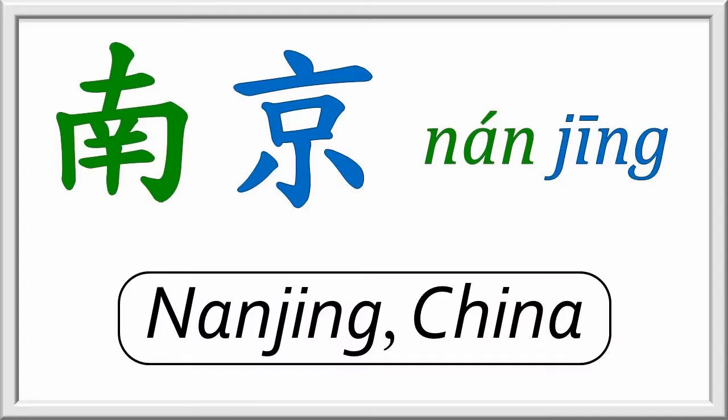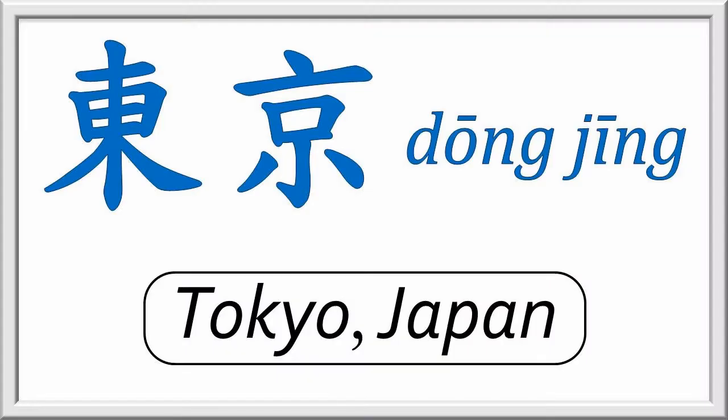The pronunciation is much closer to the English J sound. Beijing. Nanjing, originally spelled Nanking in the West, has been China's capital several times over the centuries, and is now the capital of Jiangsu province. Dongjing, of course, is the capital of Japan, Tokyo.